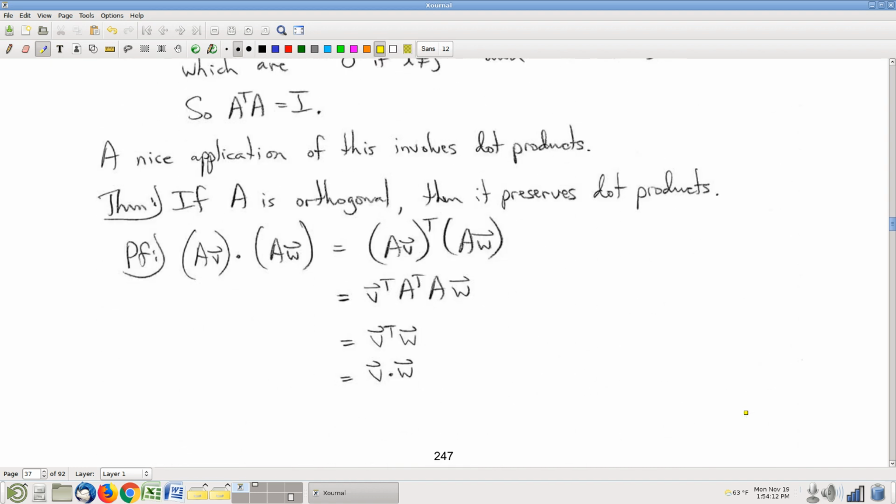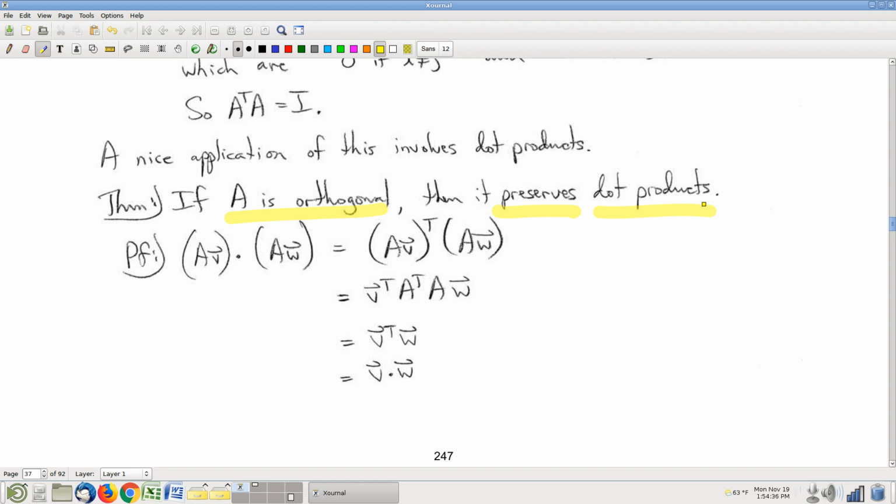Another neat fact about orthogonal matrices. Orthogonal matrices preserve dot products. Now recall, in general, matrices don't preserve dot products. You take a couple of vectors V and W, look at their dot product. Take those couple of vectors, multiply by some matrix A, and then take the dot product.